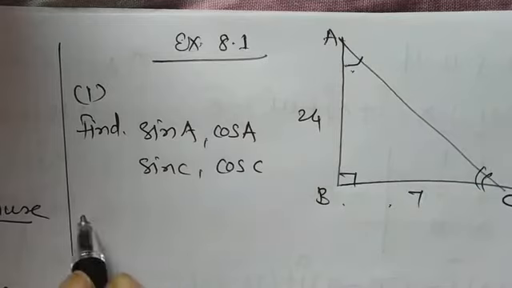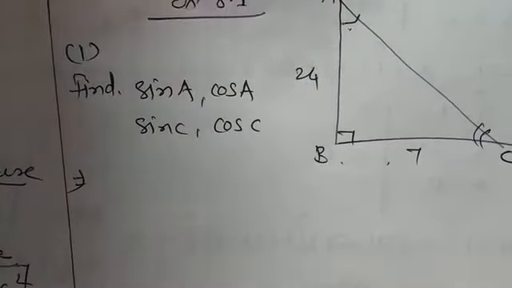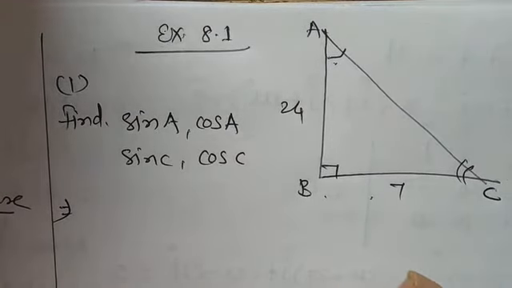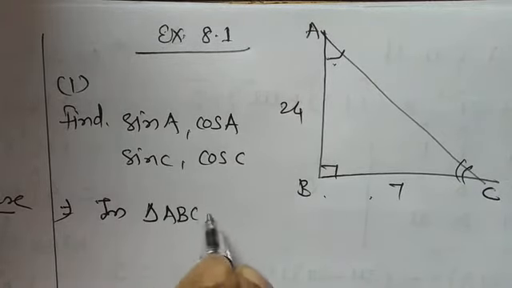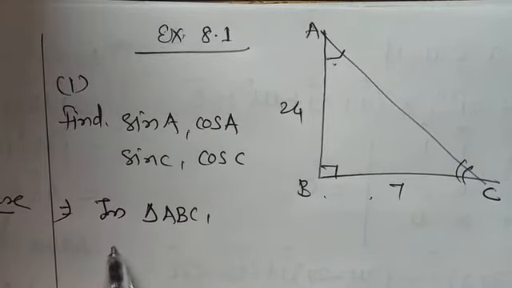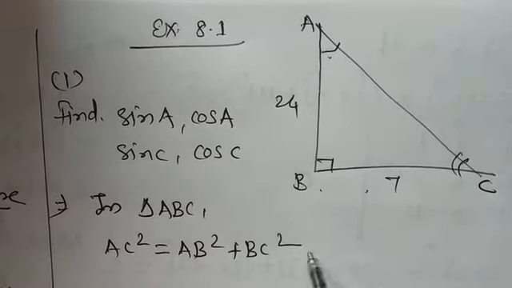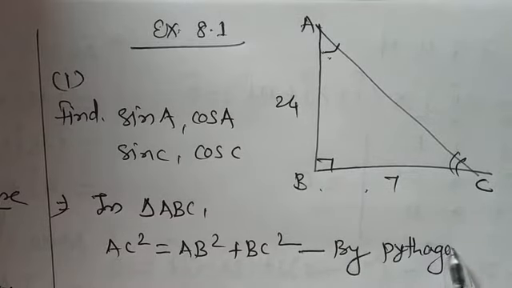How to find AC? Because this is a right angle triangle, you can find AC by Pythagoras theorem. So in triangle ABC, Pythagoras theorem says that AC square is equal to AB square plus BC square. Now put in the values.